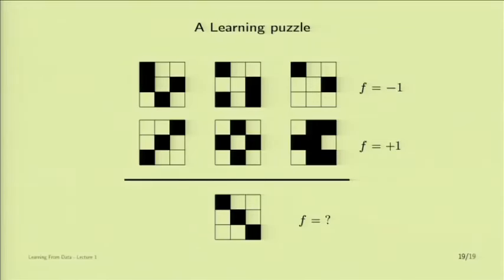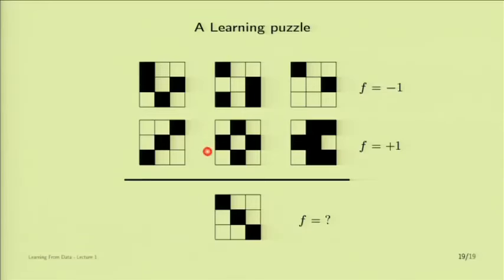What is above the line are the training examples. I put the input as a 3x3 pattern in order to be visually easy to understand, but this is really just 9 bits worth of information. They are ones and zeros, black and white. For this input, and this input, the value of the target function is -1.